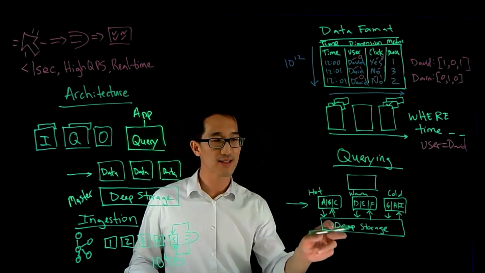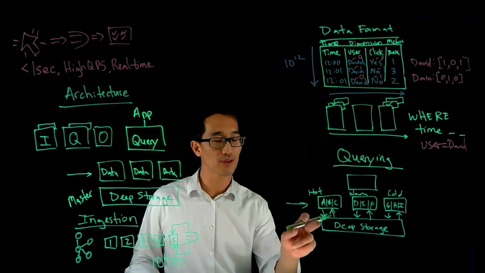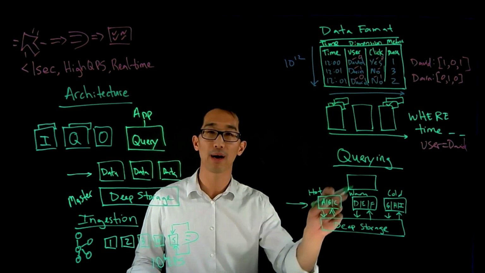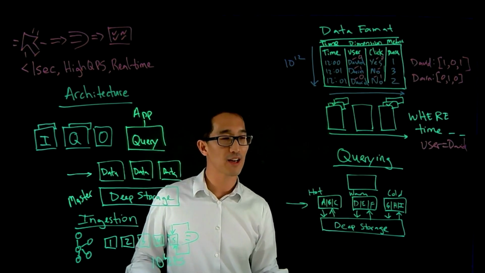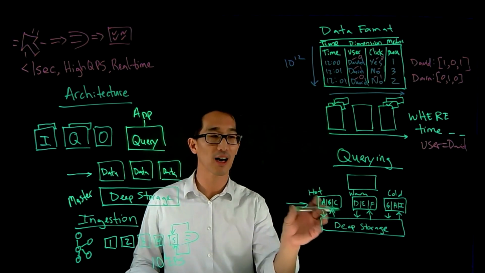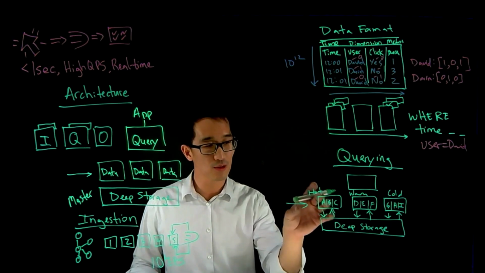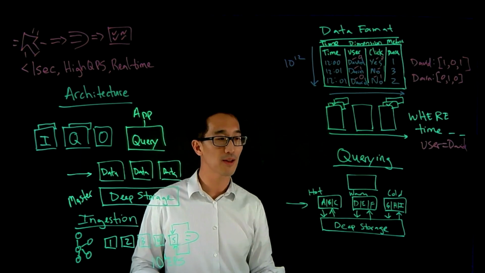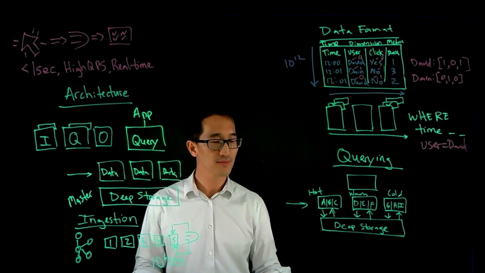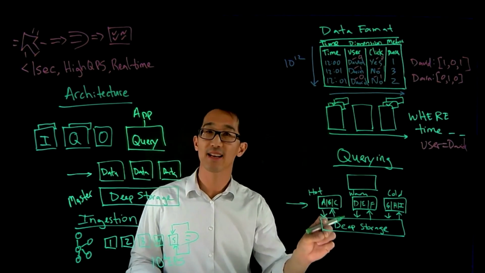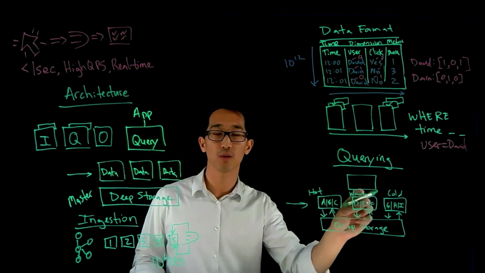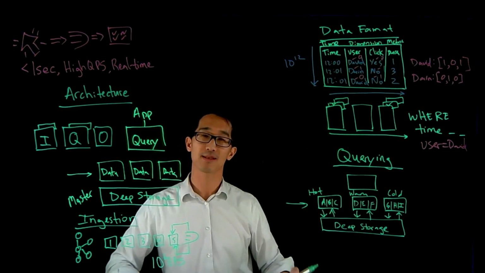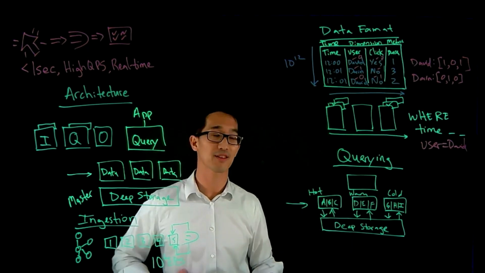So as you're ingesting data, Druid has the ability to automatically rebalance your cluster so that you're ensuring the most recent hot data is being utilized in those respective nodes. And then as that data ages, it will move into a different tier. And that all happens in the background without the developer having to know about it.